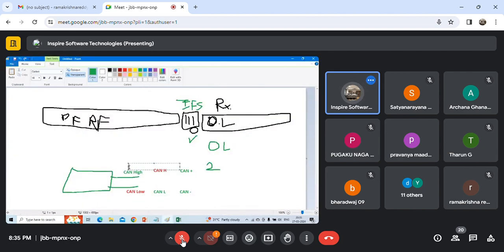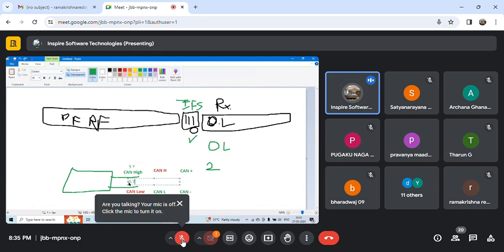So now let's say I'm sending 5 volts here and 4.3 here. So what will be the difference? The differential voltage will be 0.7.